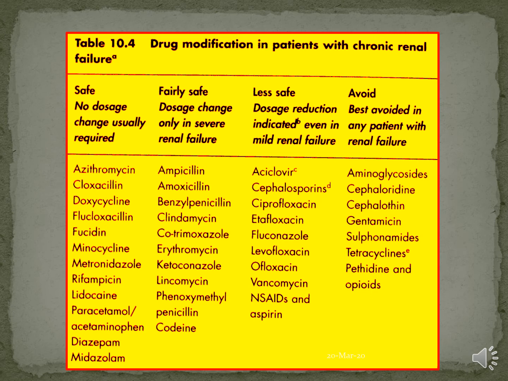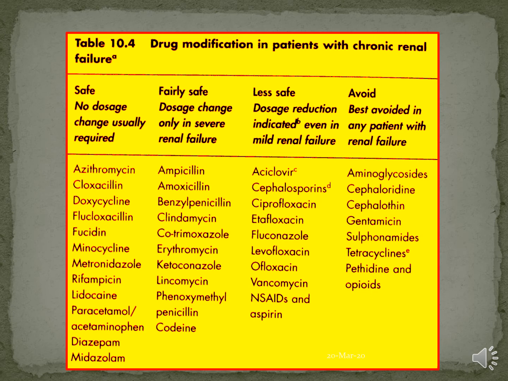You see metronidazole. We normally use metronidazole, and then lignocaine that we use normally for our block. It is quite safe. So we use metronidazole normally in our antibiotic coverage.